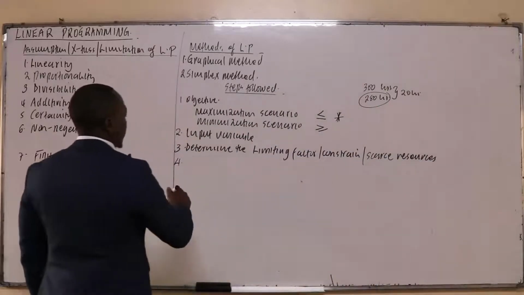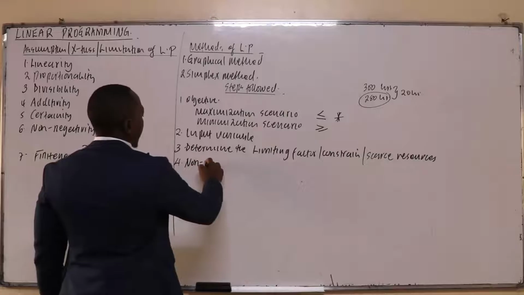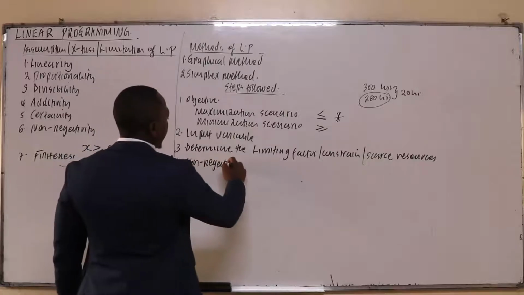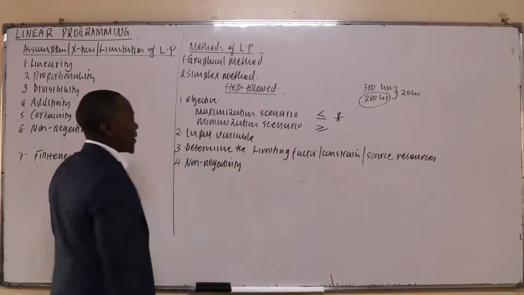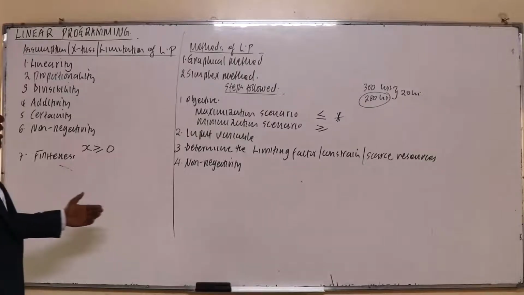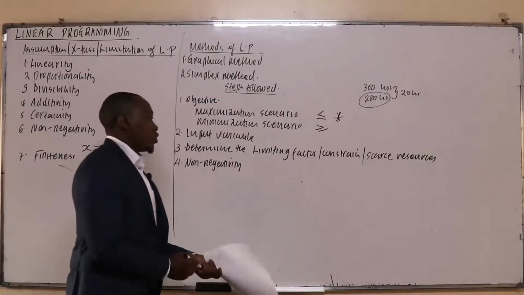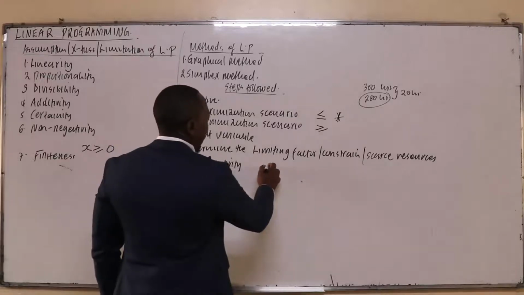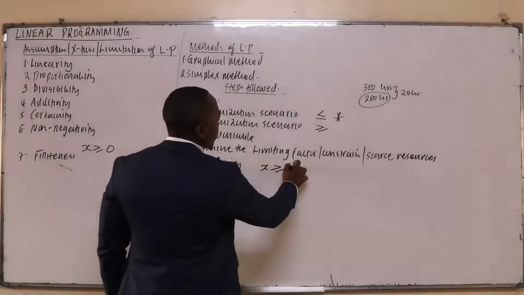Then step number 4, we have non-negativity. Good. We have already discussed what is non-negativity. Now, non-negativity, you can show this: x should be greater or equal to 0.